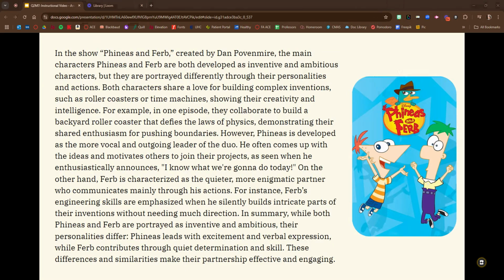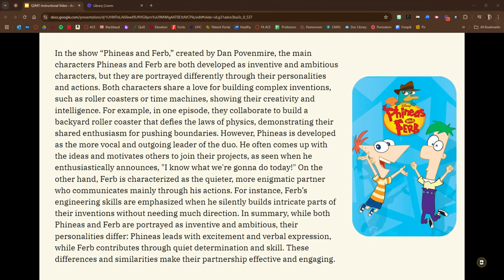In the show Phineas and Ferb, created by Dan Povenmire, the main characters, Phineas and Ferb, are both developed as inventive and ambitious characters, but they are portrayed differently through their personalities and actions. Both characters share a love for building complex inventions, such as roller coasters or time machines, showing their creativity and intelligence.